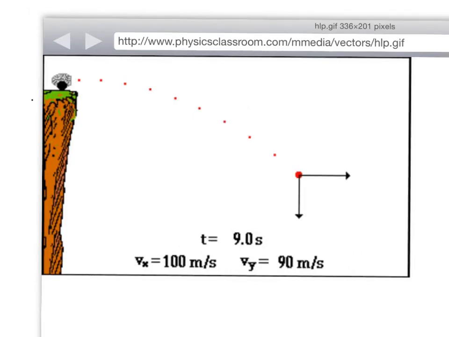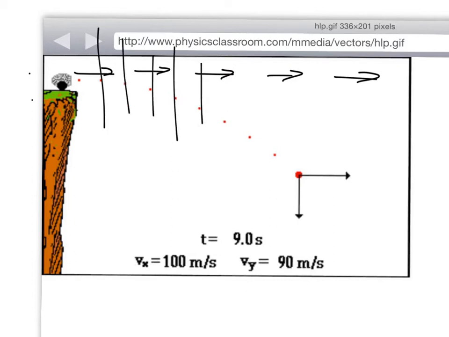Now the thing that I can't emphasize enough is to notice that the x component of the initial motion does not change. At no point in this entire motion does the x velocity change its size. It's always the same size throughout the entire motion, which is exactly why these seem to be fairly equally spaced over the course of the motion, because in the x direction there are no forces.